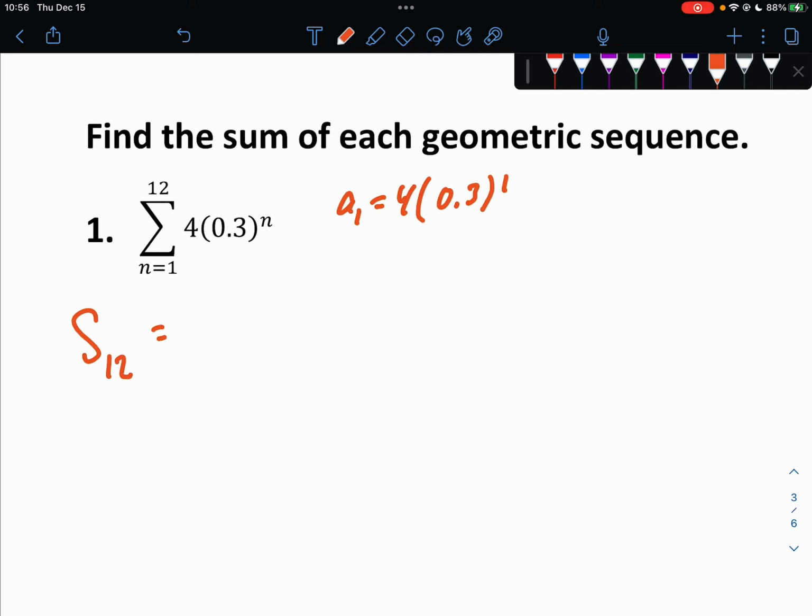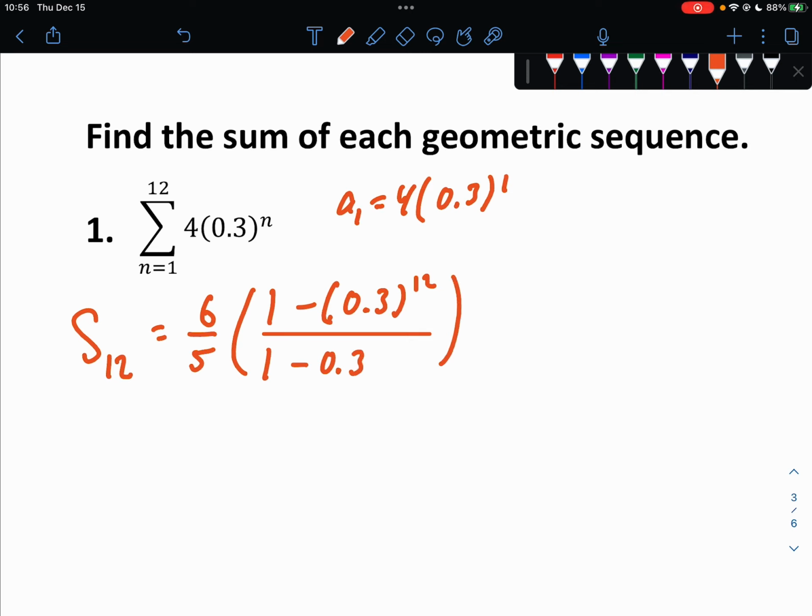So let's see what that would be. 6/5 times the fraction 1 minus r to the n over 1 minus r.